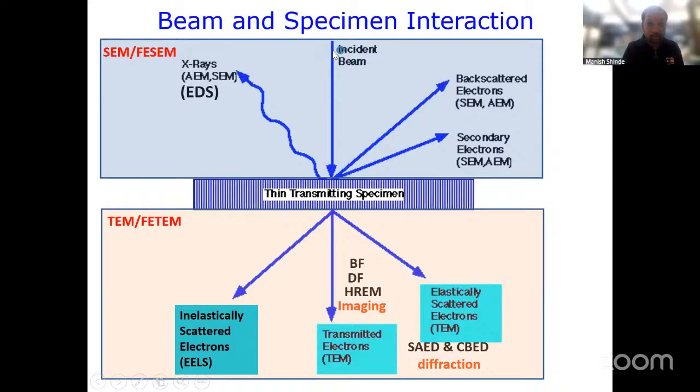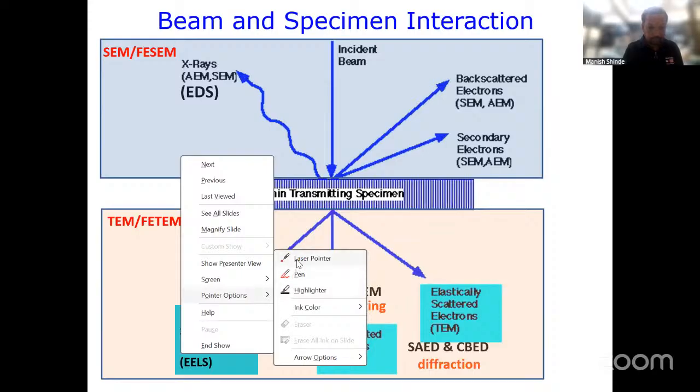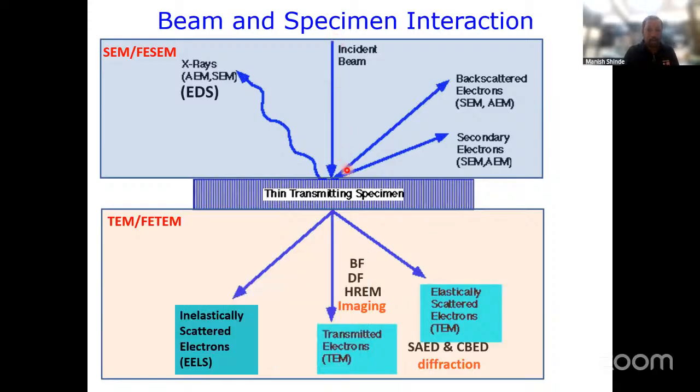So when an electron beam falls on the sample, different interactions take place. First, some of the beam gets reflected. Some of the beam gets back reflected and also some X-rays are generated.